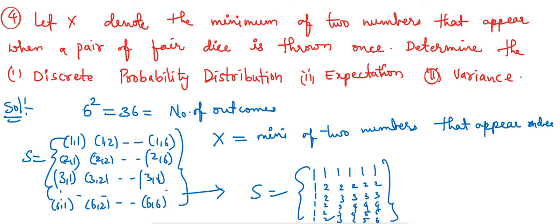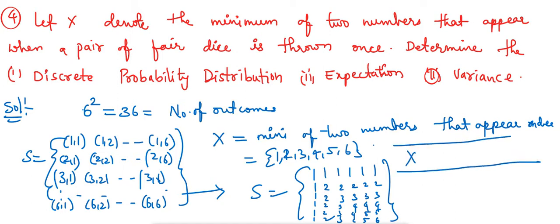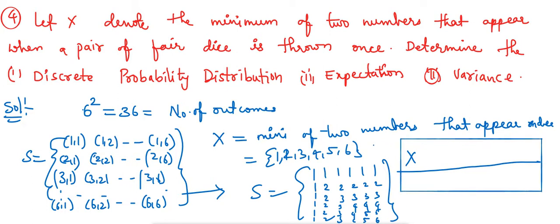So here X, the minimum number, takes the values 1, 2, 3, 4, 5, 6. Now we can find the values of the random variable with their respective probabilities. In the probability of X, how many ones are there? 10 plus 1, 11 by 36.